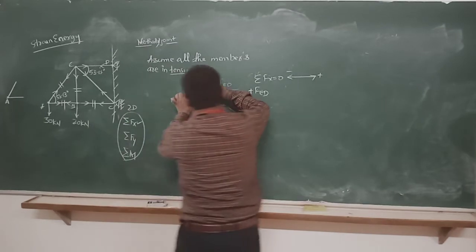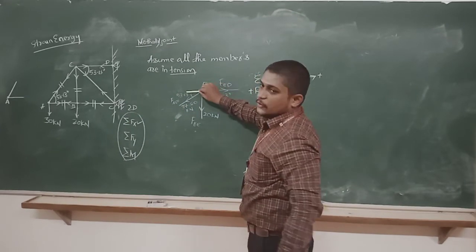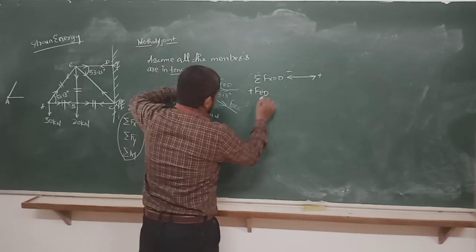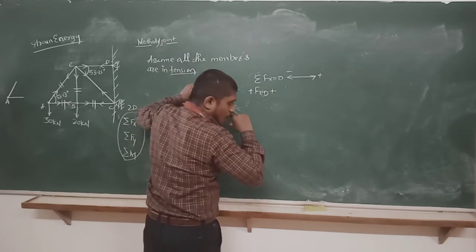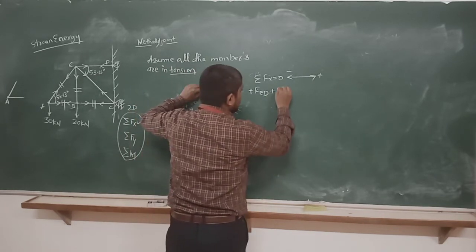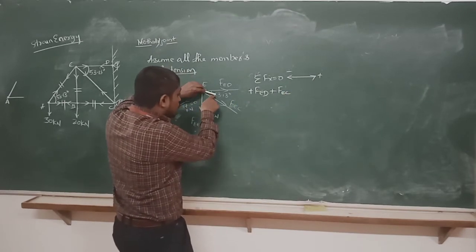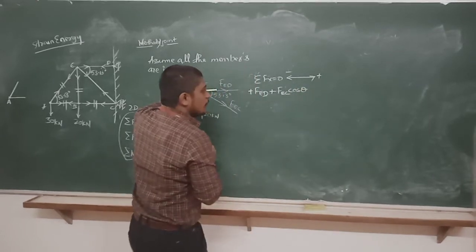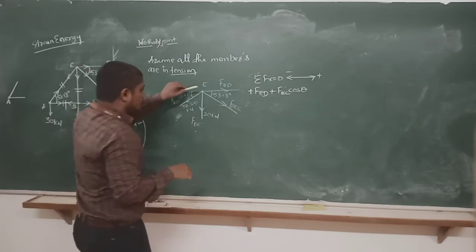Similarly, this is also an inclined force. This can be made once vertical, once horizontal. Here I am making this FEC. If I resolve like this, it is in this direction, so it is plus FEC. It is rotating towards the theta, which means cos theta. One more inclined force is there which can be made horizontal.